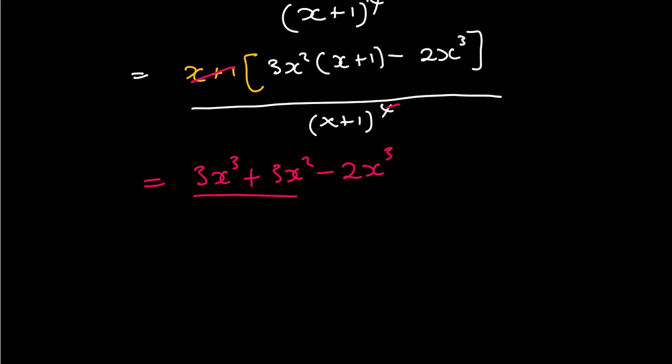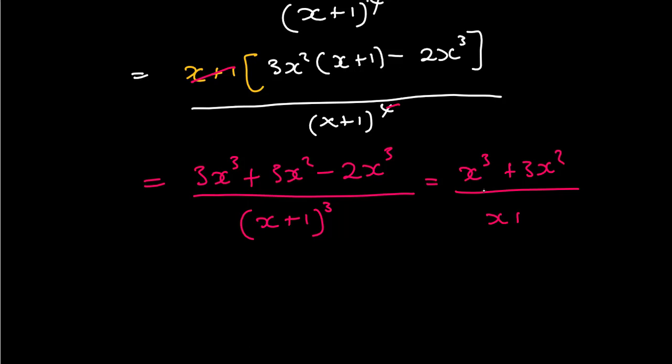All of this is divided by x plus 1 all of that cube, which gives us a final response of the derivative of the function to be x cubed plus 3x squared, all of this divided by x plus 1 all of that cube.